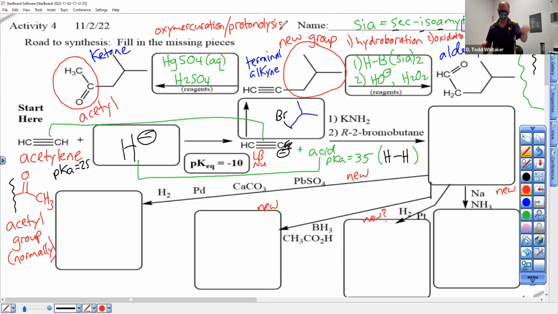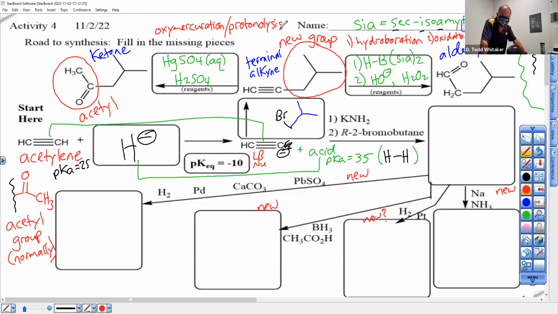Protonolysis says you use a proton, in this case from sulfuric acid, to cut the mercury off. What part of the words means cut? Lysis is cutting. It's a good word for all of science, not just chemistry or biology. They use it more in biology than chemistry, by the way. Okay. So you're going to read about those.